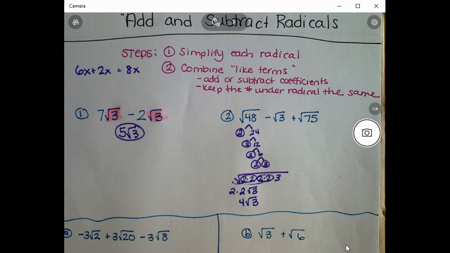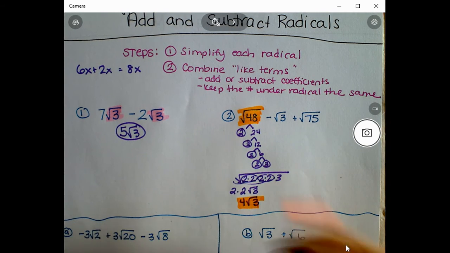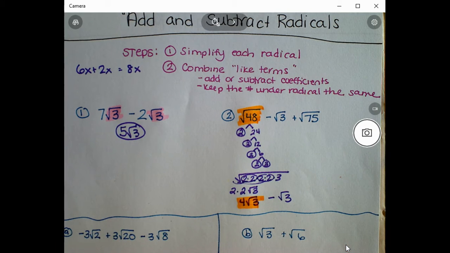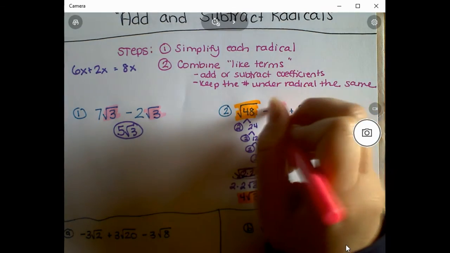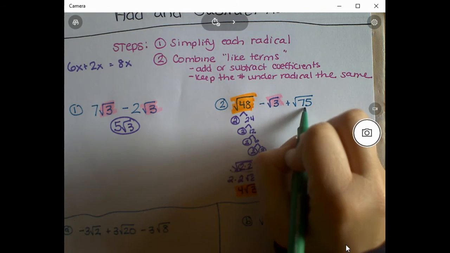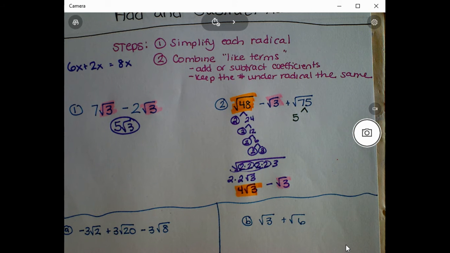So we've now changed the square root of 48 to 4 root 3, minus root 3. This one doesn't change because that is already simplified. But we are going to need to simplify the square root of 75, which would be 5 and 15 maybe.